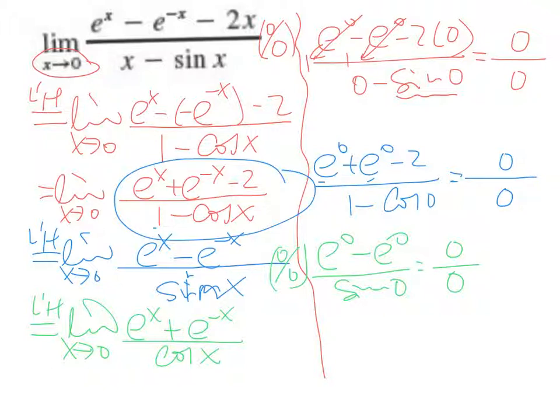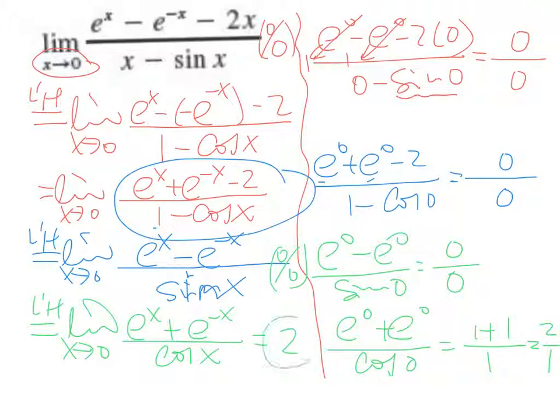As x goes to 0, we'll have e to the 0 plus e to the 0 over cosine of 0. Cosine of 0 is 1. 1 plus 1 is 2 up top, so I have 2 over 1, which is no longer indeterminate, and in fact, I just found the limit for this function.